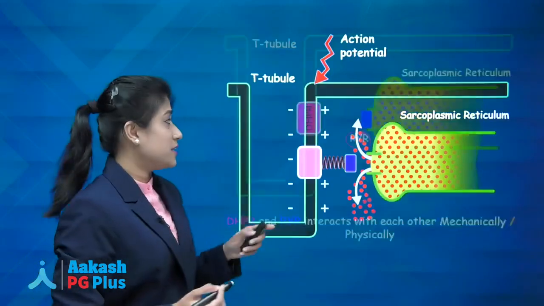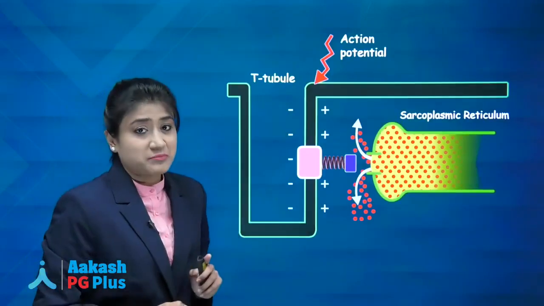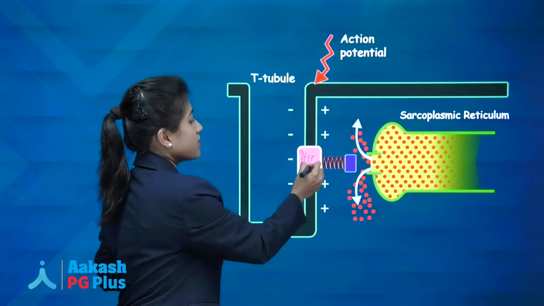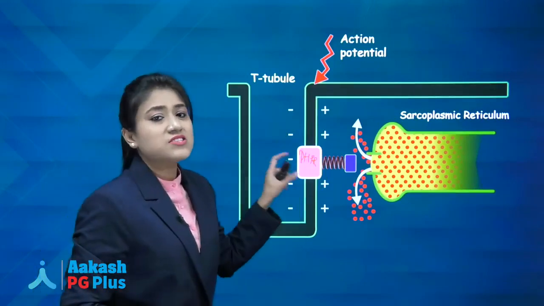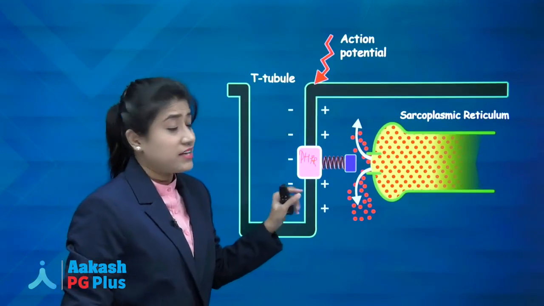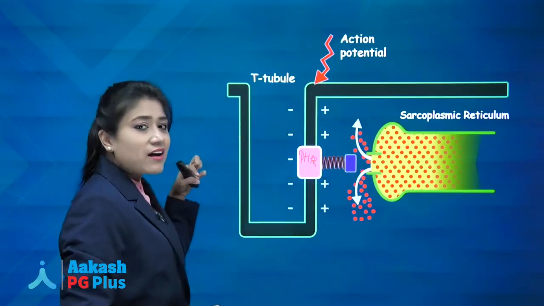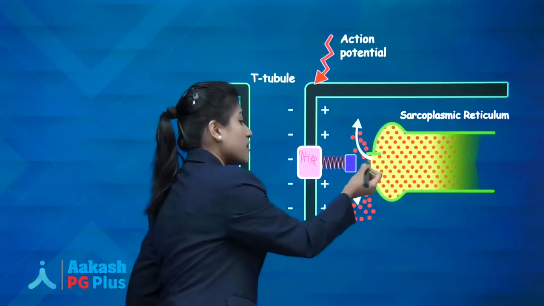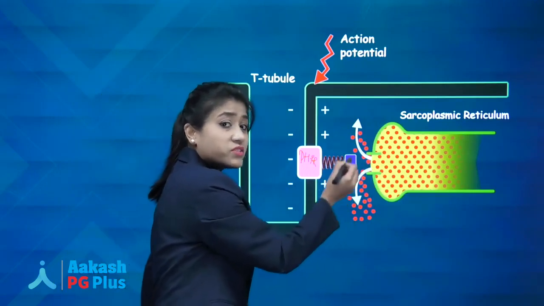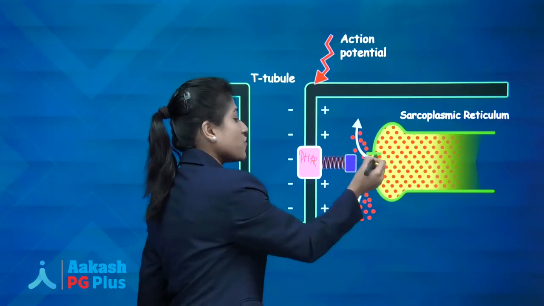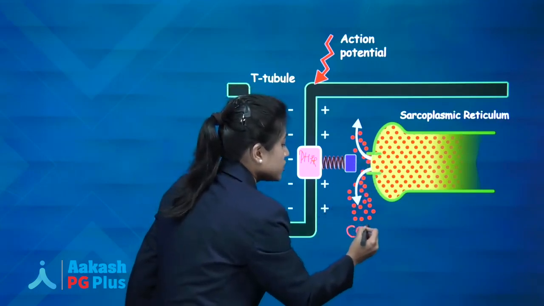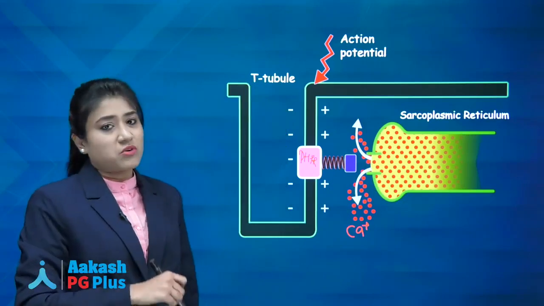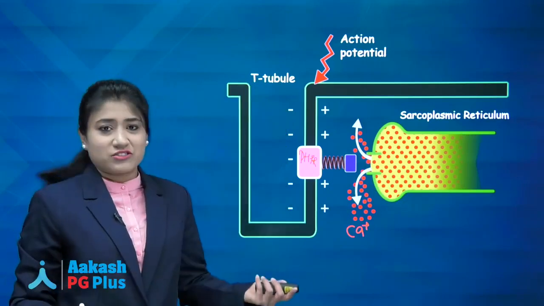What does it mean? It means whenever action potential comes, there is activation of this DHPR channel. Whenever this DHPR gets activated, it just pulls the RYR from the sarcoplasmic reticulum. And remember, whenever RYR gets pulled out of the sarcoplasmic reticulum, it causes release of calcium from the sarcoplasmic reticulum into the sarcoplasm of a skeletal muscle, leading to contraction.